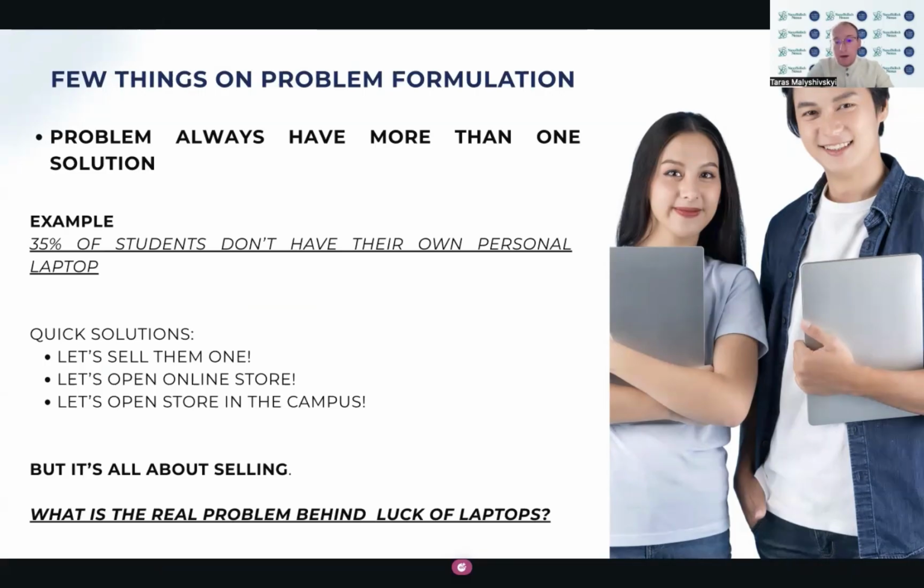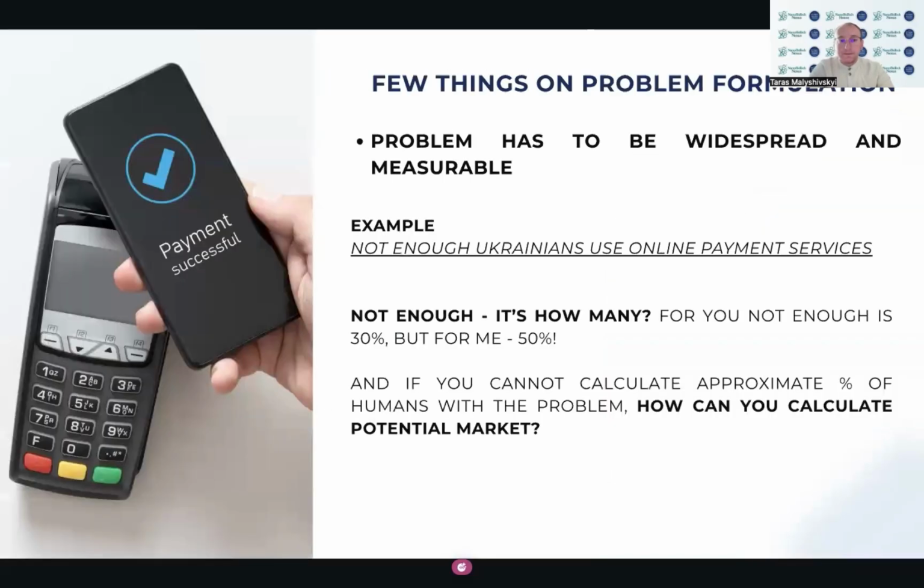What is the real problem behind the lack of laptops? It could be a problem with studying, or a need to keep up with other students, or there is no problem at all. So a truly good problem has to have more than one solution. If it's really obvious, the problem was formulated the wrong way.